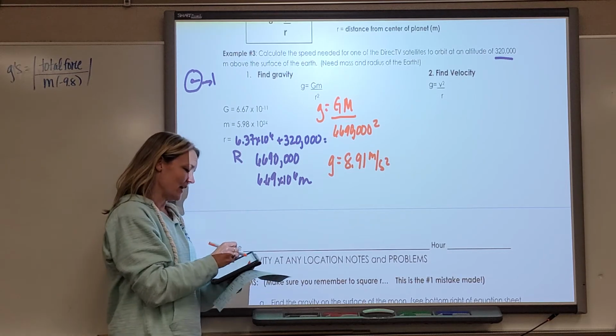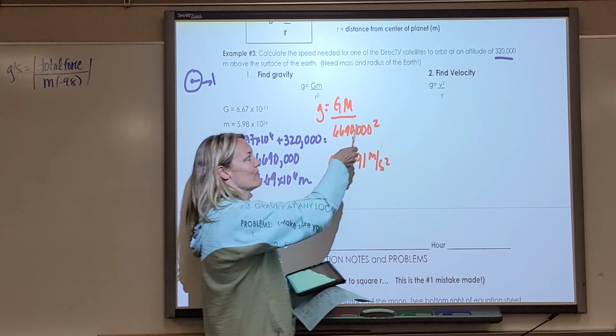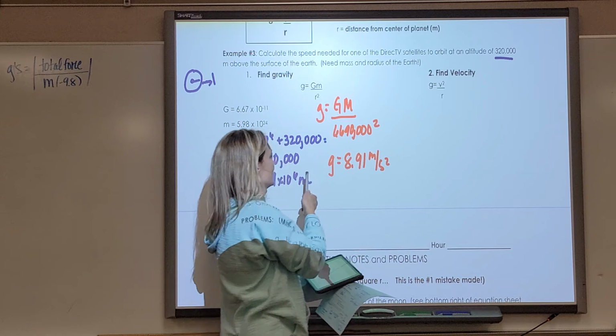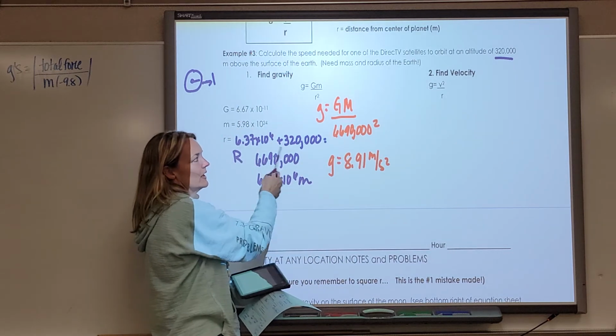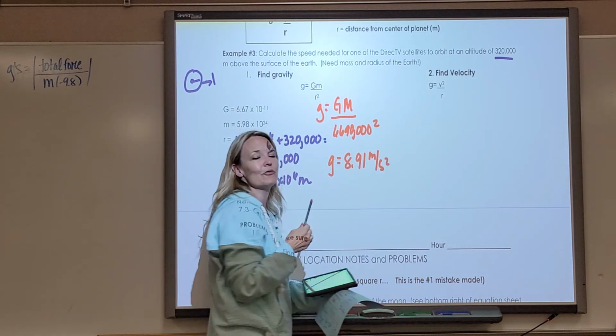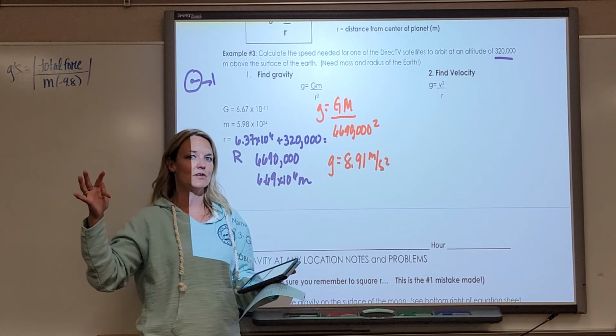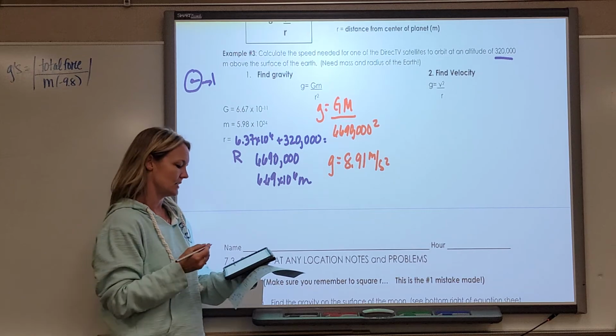Step two, now that I have my gravity, 8.91, and I have my r, still the same number, I can find the velocity that that satellite needs to maintain. If it goes too fast, it flies off into space. If it goes too slow, it gets sucked into the air.